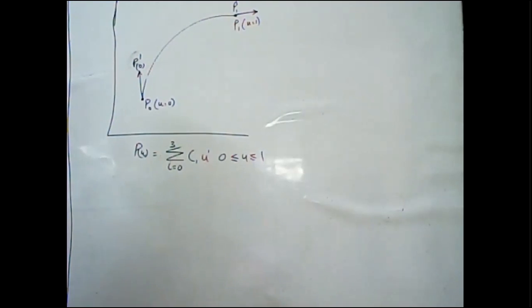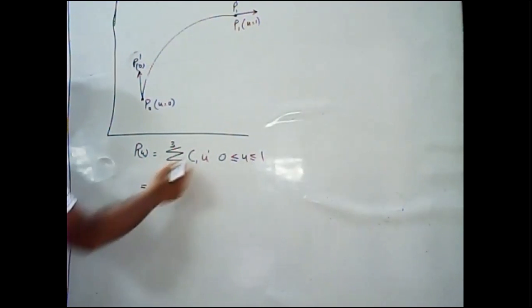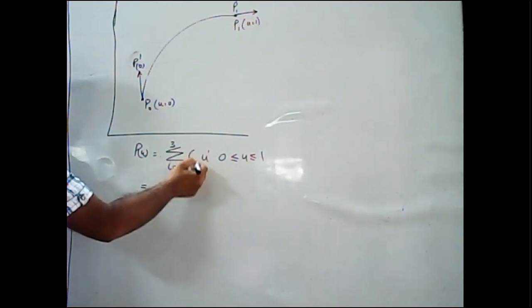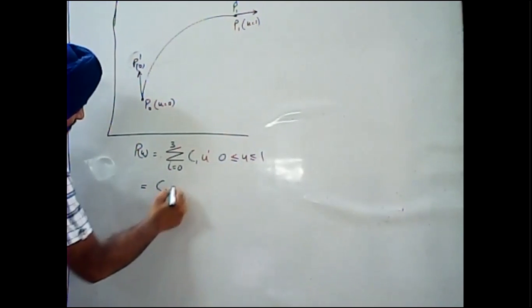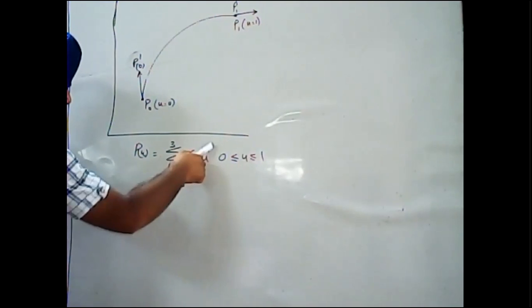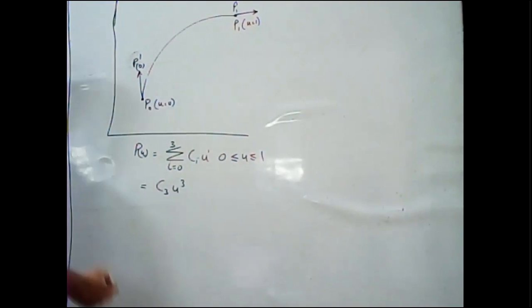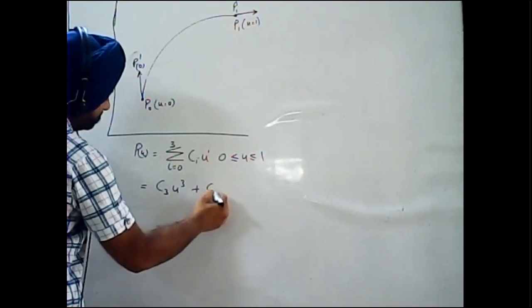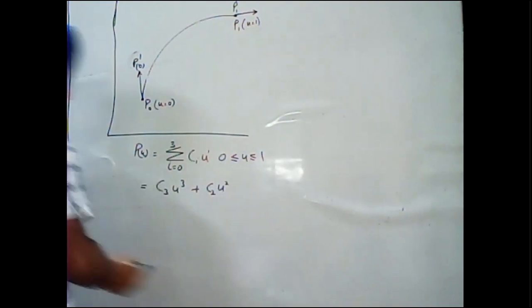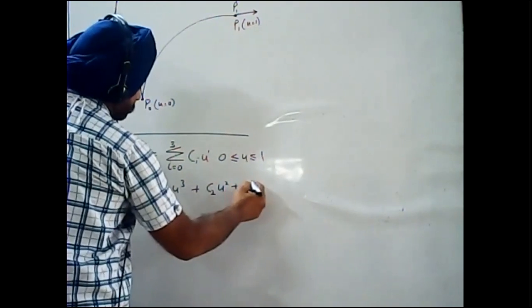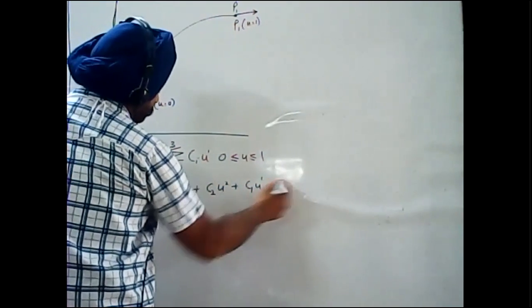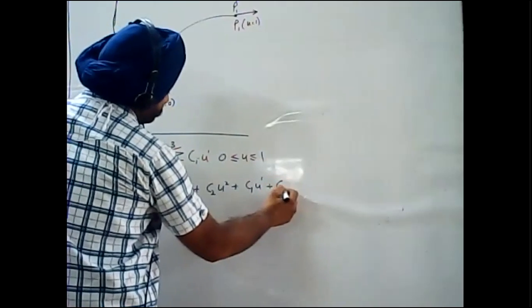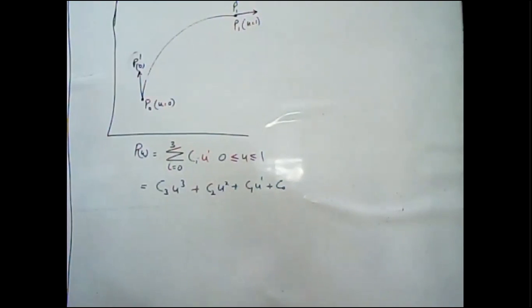Then expanding this equation, starting from 3, the maximum value is 3: c3 u^3, plus c2 u^2, plus c1 u^1, plus c0.